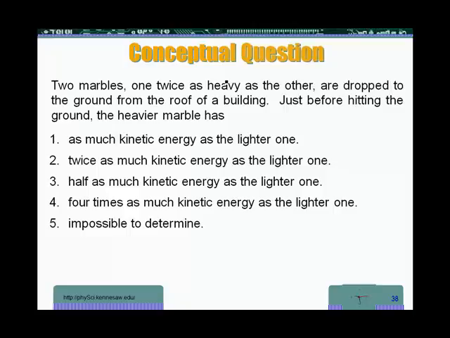If they have the same speed, then the only factor that might affect kinetic energy is going to be the mass. And if you recall, kinetic energy is given by 1/2 mv squared. If both have the same speed, but one of them has twice the mass, then the only thing that's going to change in here is twice m. Twice m is going to result in twice the kinetic energy. So this is the answer.